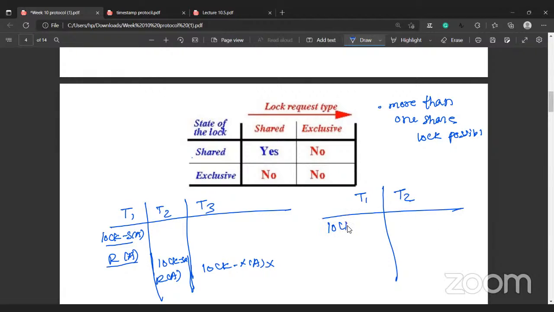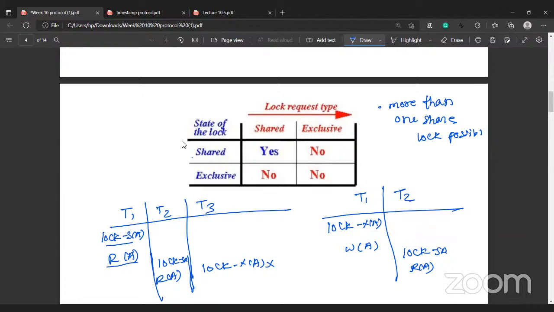If an exclusive lock is already applied and you want to apply a shared lock, it will not allow, right? And the same if you want to apply exclusive, it will also not allow.